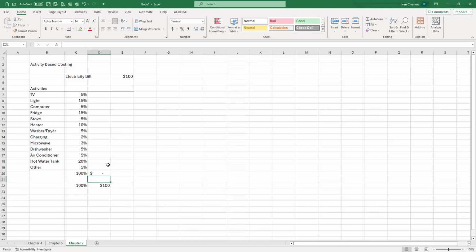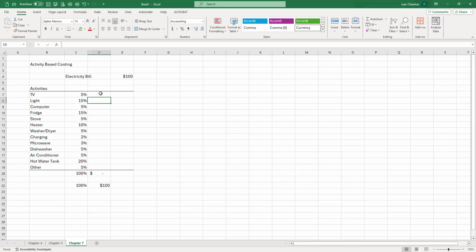Yeah. I can come up with the dollar amount, and my total here should be equal to how much? $100, because I'm allocating $100. Because that bill represents 100%. Now, is it going to be $150 or is it going to be 200? It doesn't matter. In this case, we just simply stick with the $100.